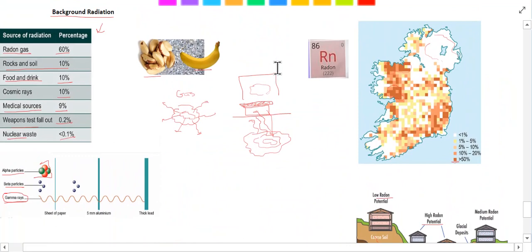So that's what we mean by background radiation. As you sit here right now, you are going to have alpha particles, beta particles, and gamma rays passing through the environment that you're in. These become major problems when they're highly concentrated.